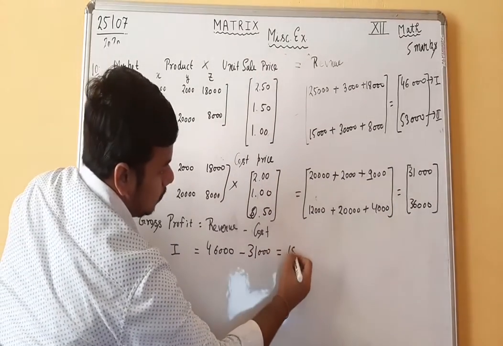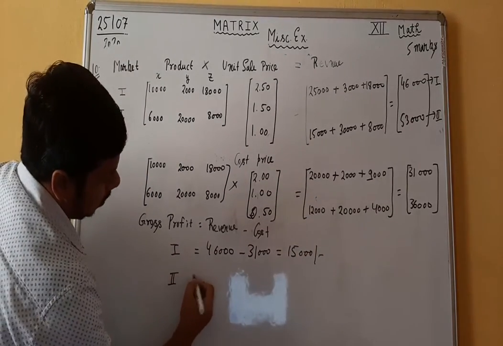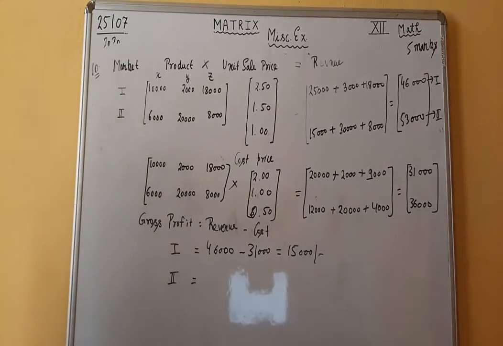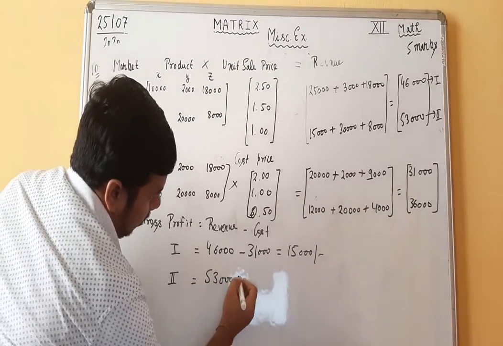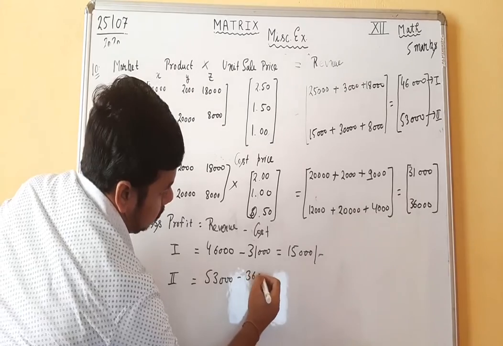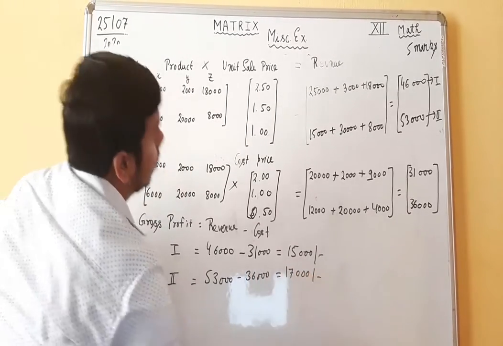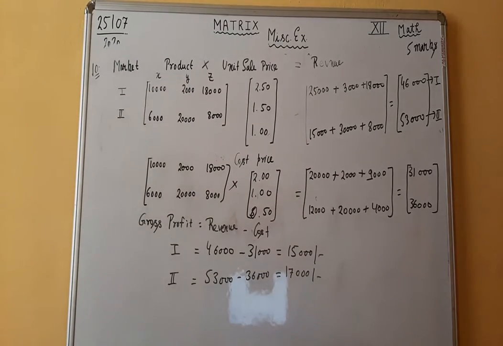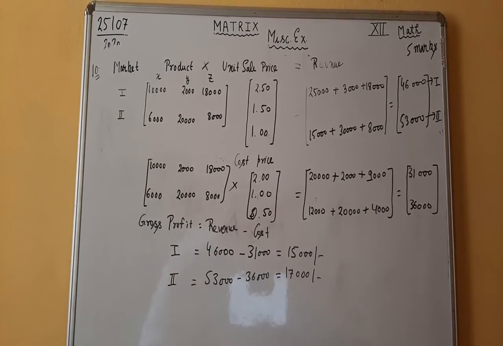So gross profit is 15,000 rupees. Right? For the second market, the revenue is 53,000 and cost is 36,000. So gross profit is 17,000. In this way, this problem is solved. Now see problem number 11.